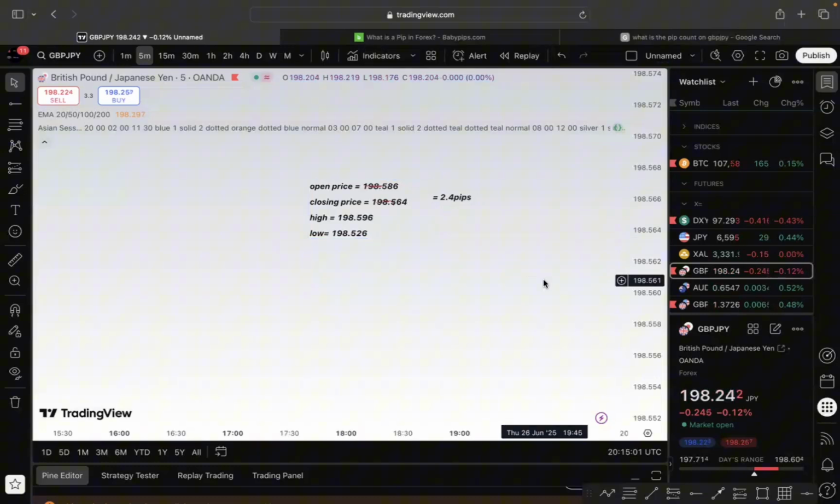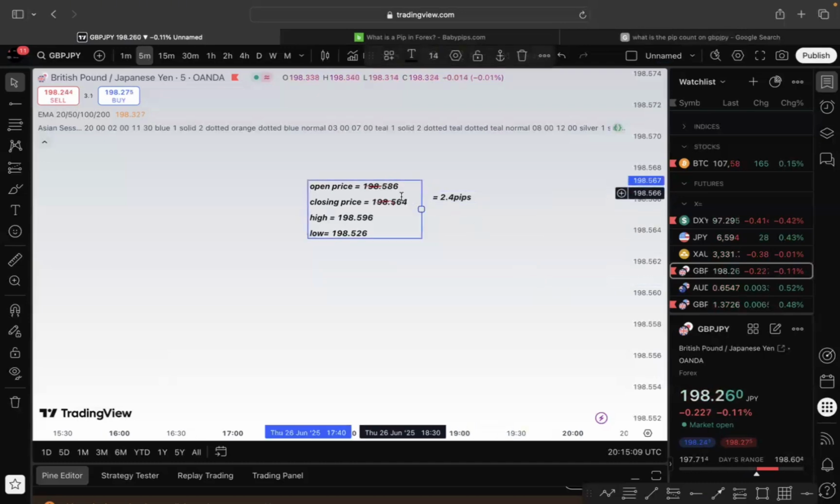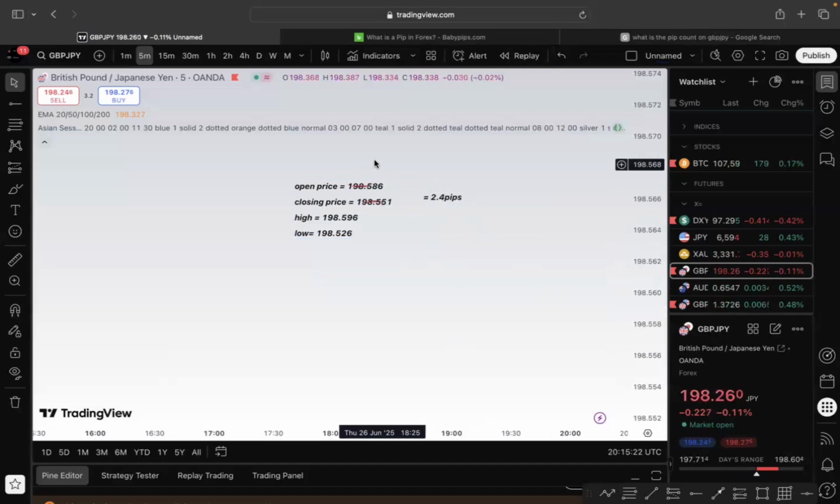So 86 minus 64 is 24, and that's how we get 2.4. If it was, let's try, from 86 to 51, now 86 minus 51 is 35.